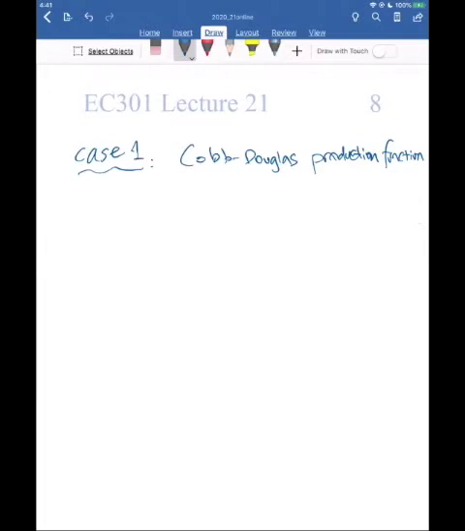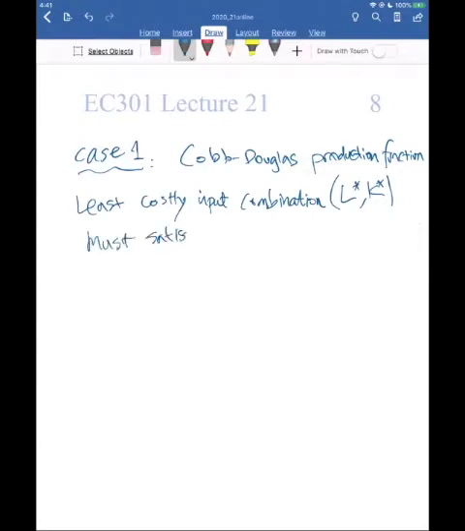Let me just describe to you the general recipe for solving for the least costly input combination with a Cobb-Douglas production function. The least costly input combination must satisfy two conditions.